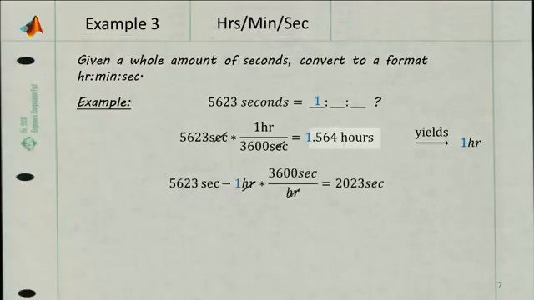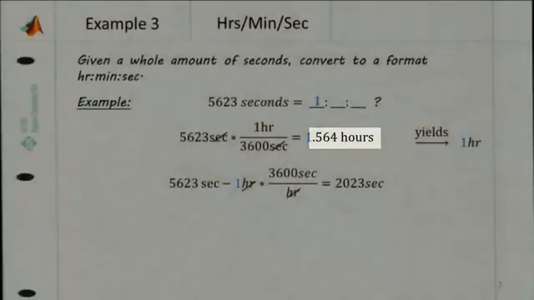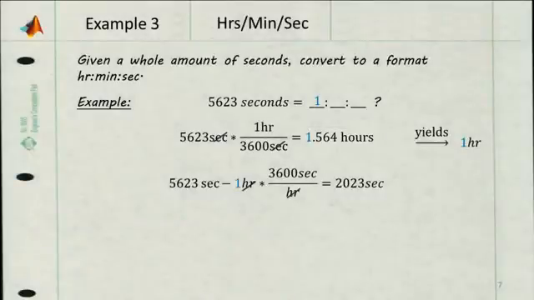To figure out the minutes, you could take the 0.564 and multiply by 60. But here you're introducing again round-off issues with decimals. So instead I prefer going a second way of finding how many minutes are left and playing with that whole value. From the original amount of seconds, I take away that one full hour that I found. So I have 2,023 seconds left.